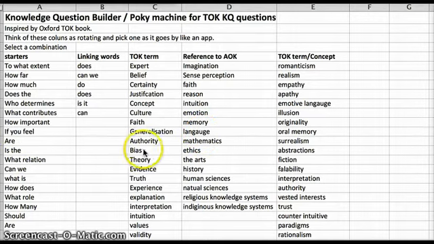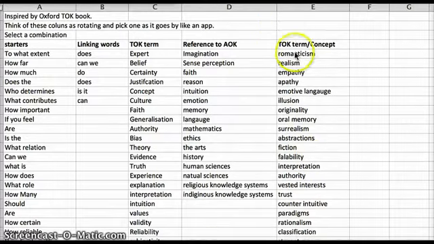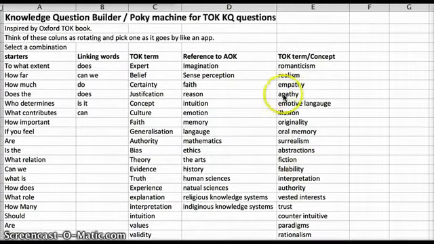What relationship does bias have to faith or reason? And then you might throw in some words here. You've got TOK concept words, or you could throw in some more subject-specific words maybe. But the TOK concept words are probably better, because they're going to be more general and less specific and more open-ended.